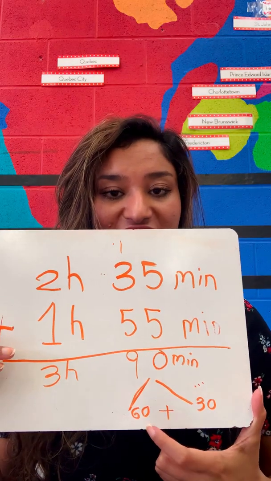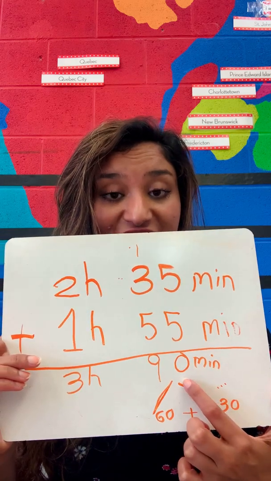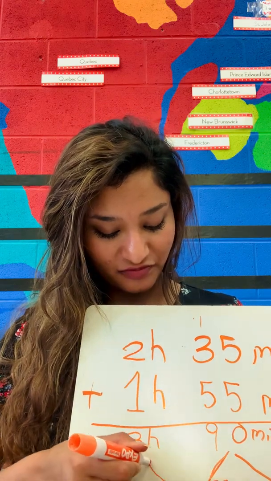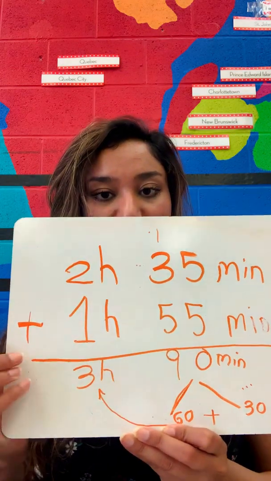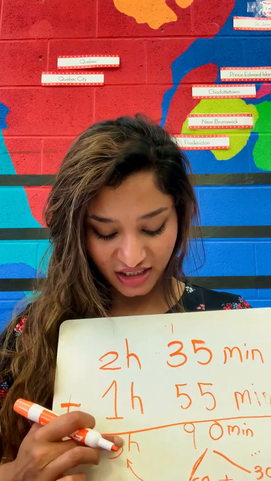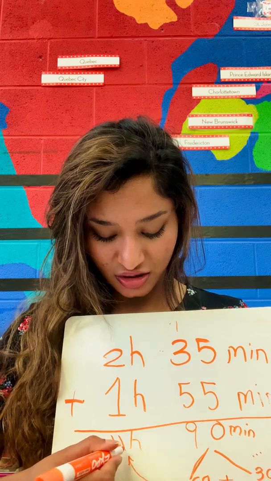So that means we have another hour hidden in this 90 minutes. So we move our hour to our hour side, right? So that means it's not 3 hours, but 4 hours.